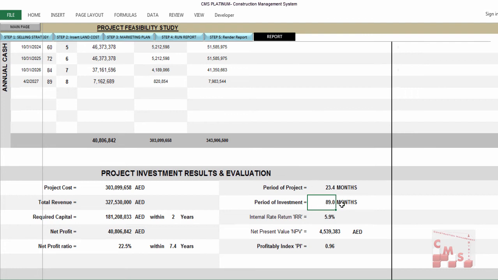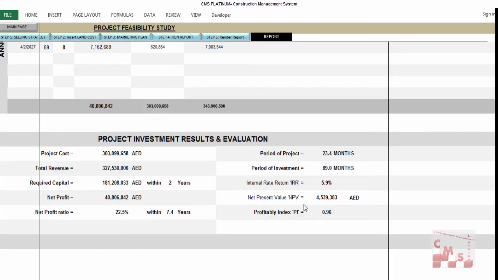So you have an investment period of 89 months. That's the net profit ratio, 22% within almost 7 years. The internal rate of return is 5.9 and the net present value is 4,539,000 and the profitability index is 0.96.